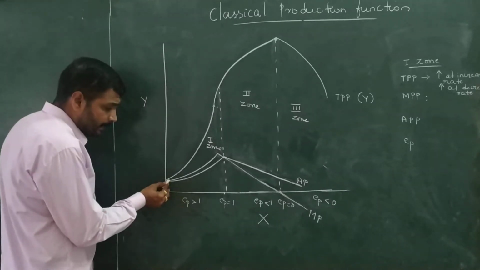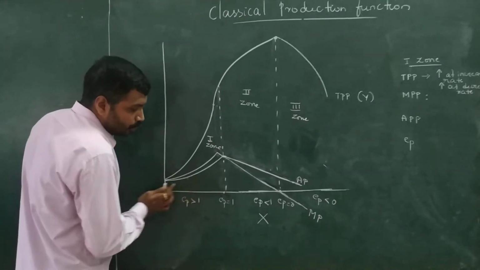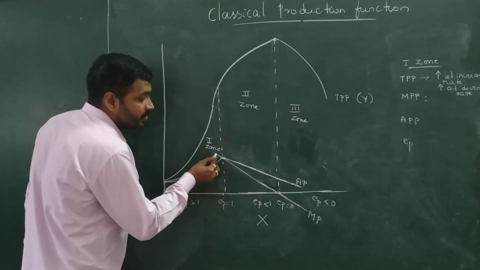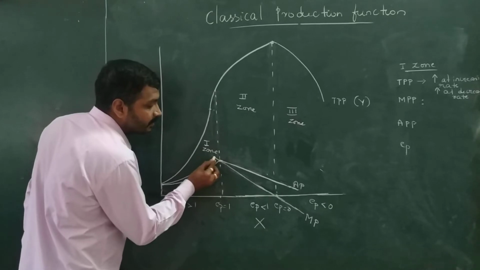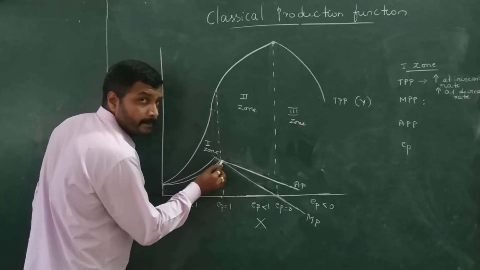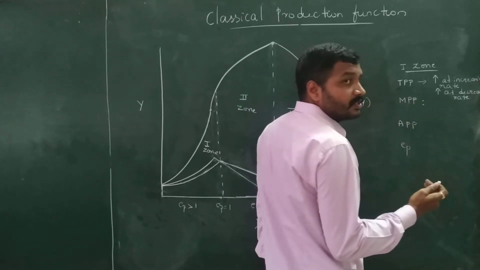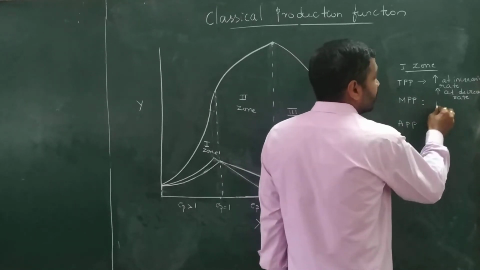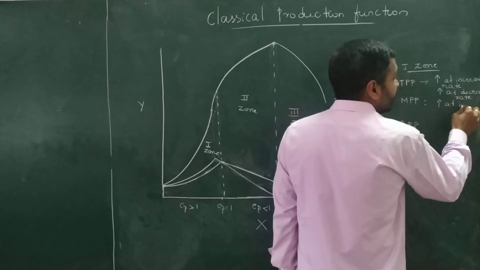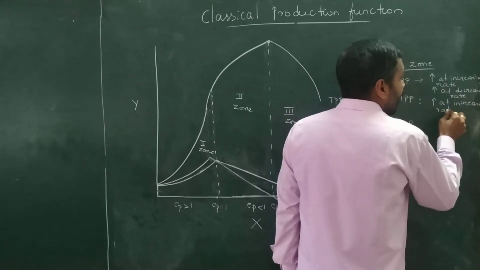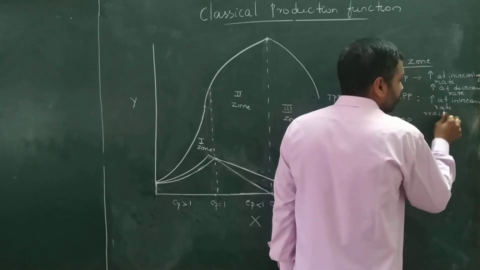If we consider MPP throughout the zone, you can see that it increases at increasing rate, reaches its maximum, then it exhibits what we call a falling trend. That means in the first zone, the very characteristics of MPP is that it increases at increasing rate and reaches its maximum.